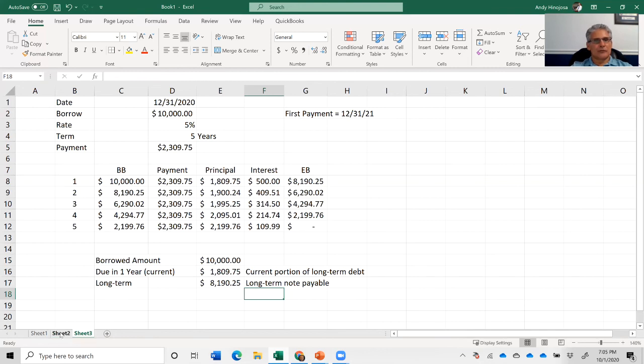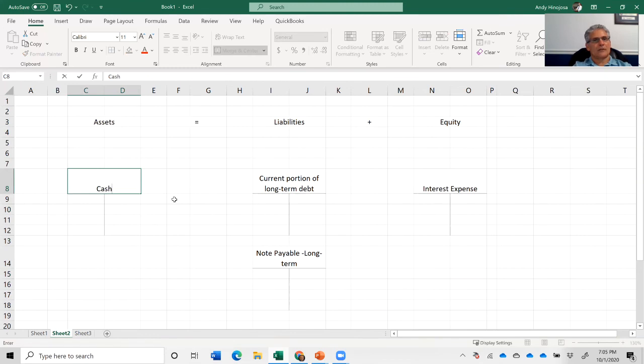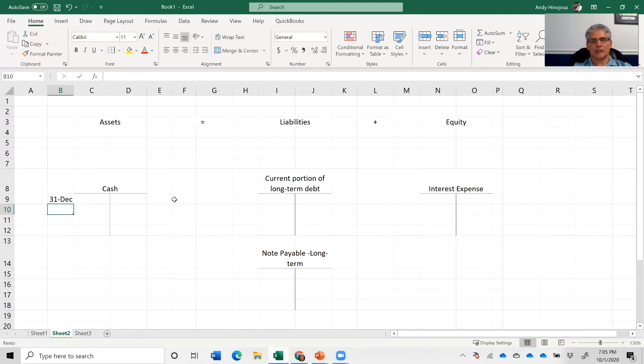So if I want to use those T accounts I used before, when we borrow the money, let's say we borrowed the money on 12/31, we borrowed 10,000, we're going to debit cash for 10,000, and immediately we're going to credit long-term note payable. But at 12/31, before we prepare the financial statements, we're going to have to make an adjustment.